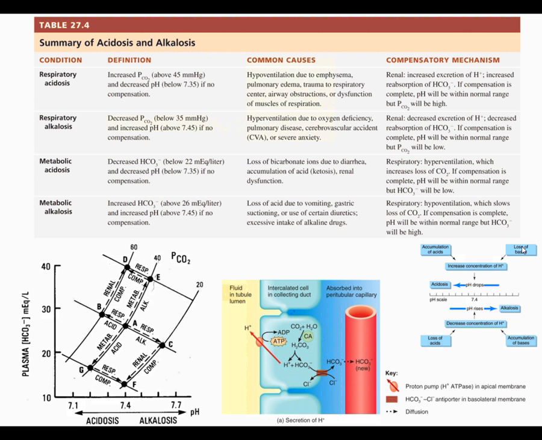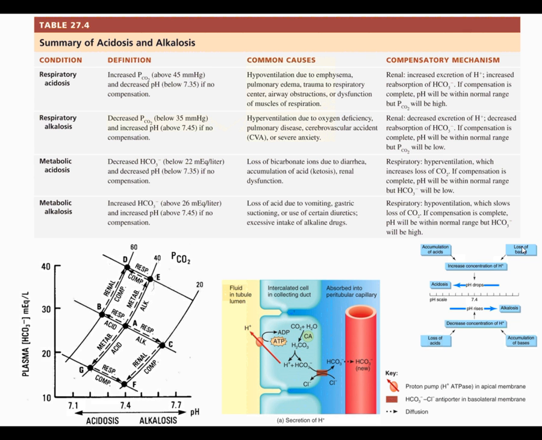And so point D is where we end up, and we're back at 7.4. Now, you'll notice that we've also changed from 40 millimeters of mercury of PCO2 to 60, and that's what caused the whole issue in the first place. Our CO2 levels have gone up.